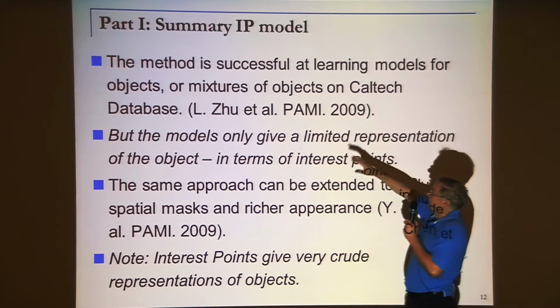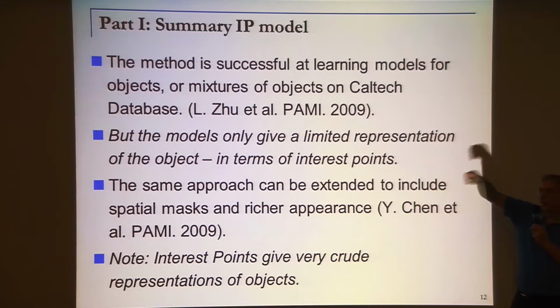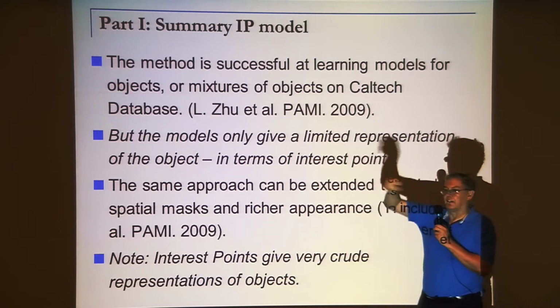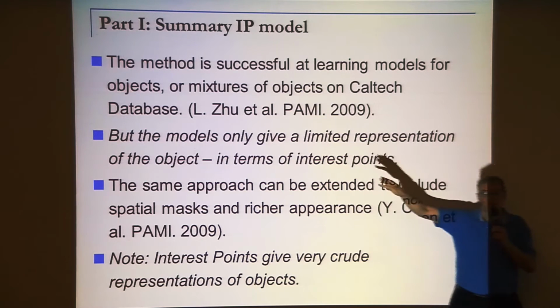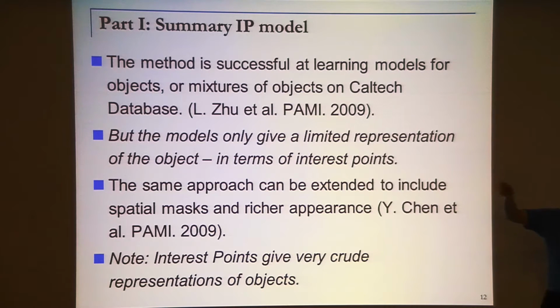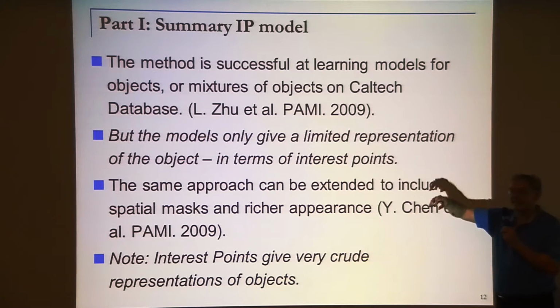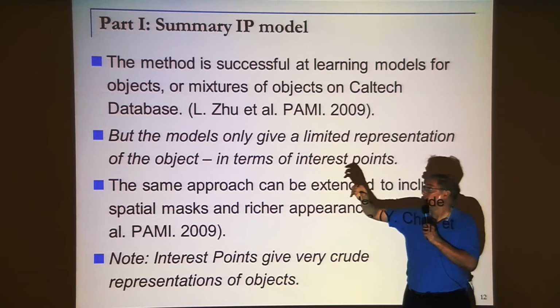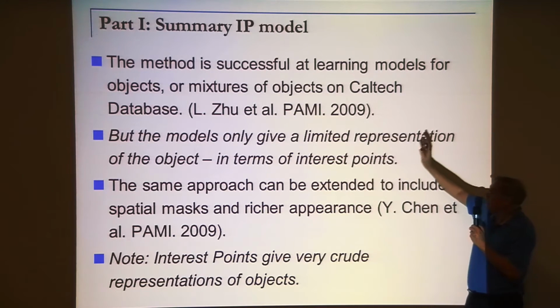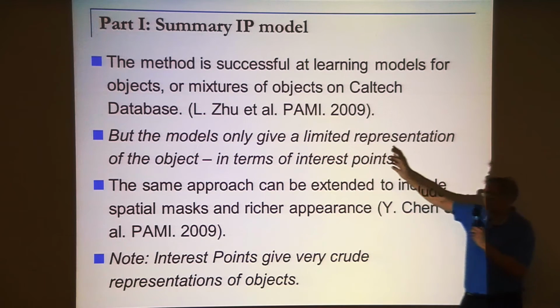The models, however, are limited. We said we wanted to go with the interest points, because if you have to throw away a lot of an image and only keep little bits of it that matter, the interest points might be the first things you'd want to have, but they only give a limited representation of the object.